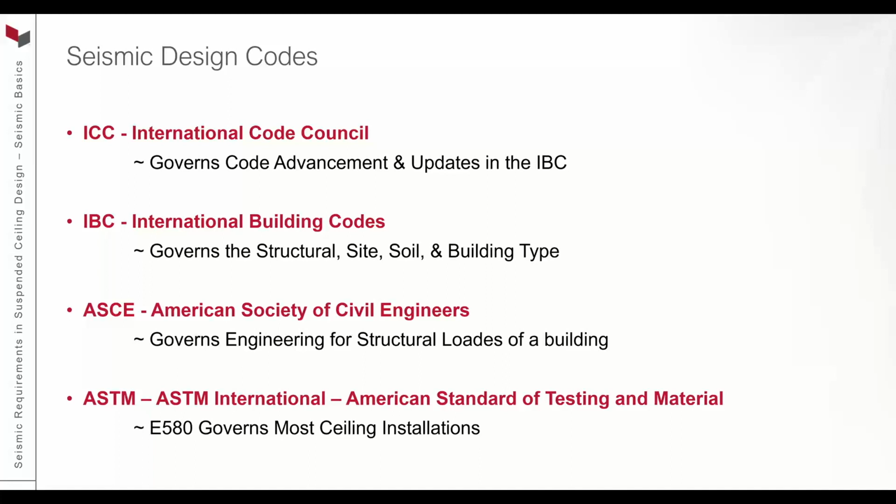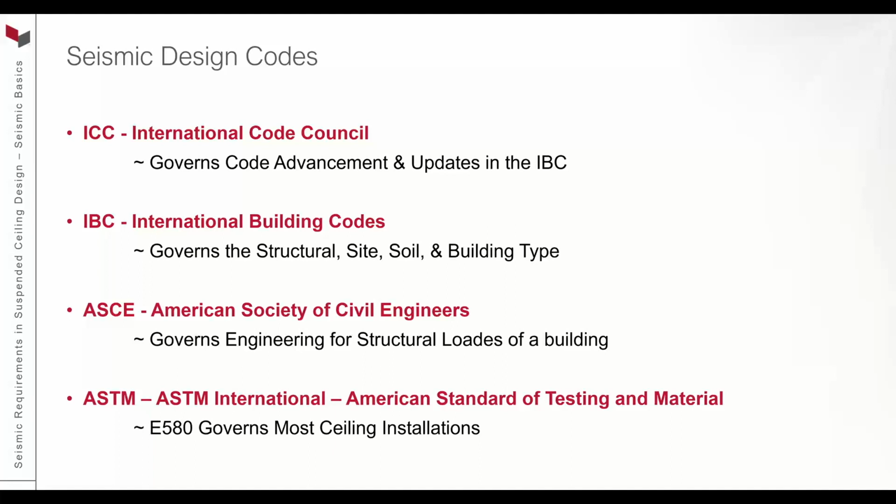So all the data that we've gathered over the years from the seismic events, and when we talk about the variables and all the site conditions and everything, it all comes into the ICC. Then the ICC takes it, breaks it down, and they come together and they build the IBC. And so that's our International Building Code.